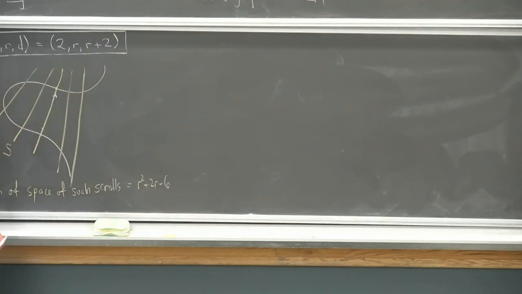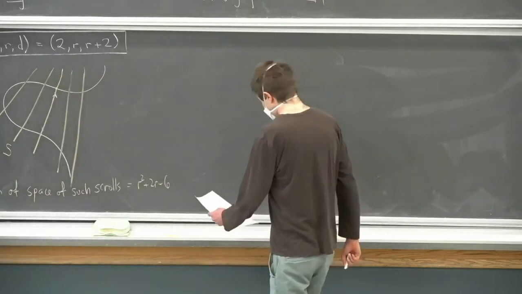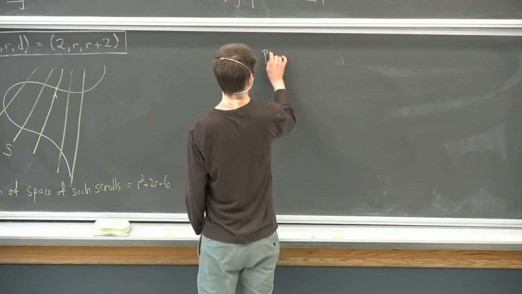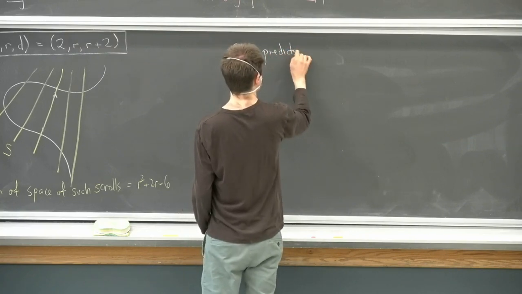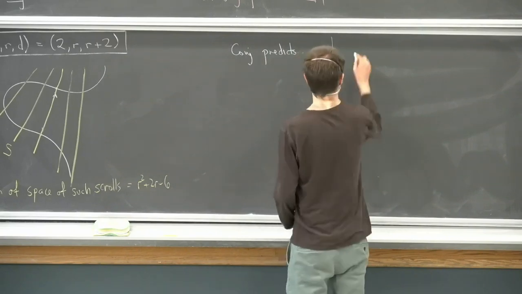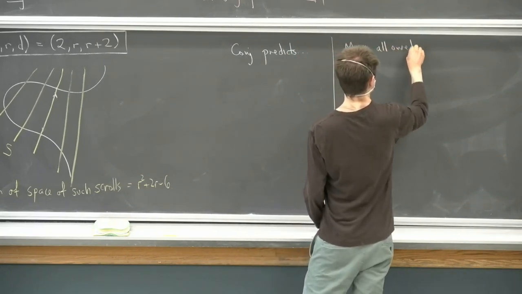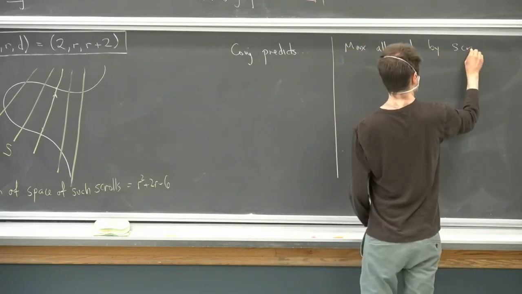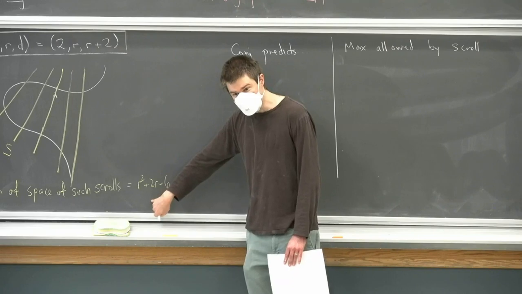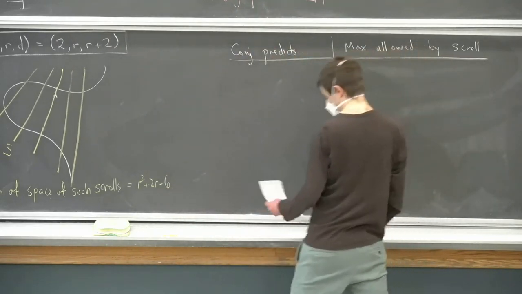And so now you can make a little table. We look at what the conjecture predicts and compare it to the maximum allowed by this scroll, with a similar dimension count using the dimension of such scrolls.